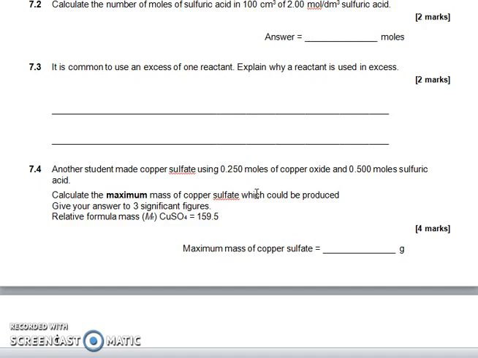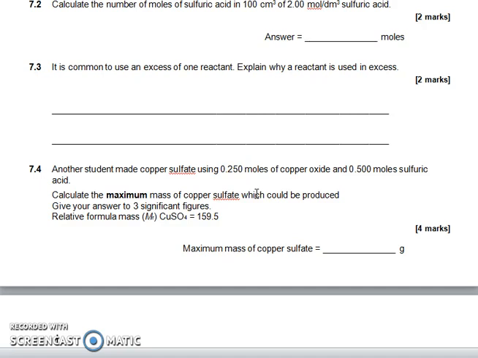You've got more of that than you need. To take that another way, if you had 500 moles of sulfuric acid, you wouldn't have 500.25 moles of your product because you'd run out of copper oxide a lot earlier. So first of all, if you got that the number of moles of sulfuric acid used anywhere in your calculations is 0.25 moles, because there's the same amount of copper oxide, there's where one of your 4 marks comes from.